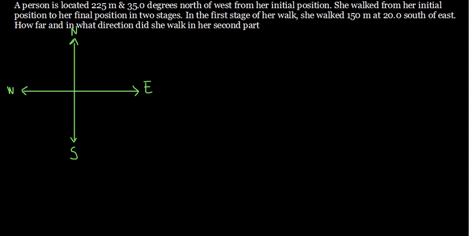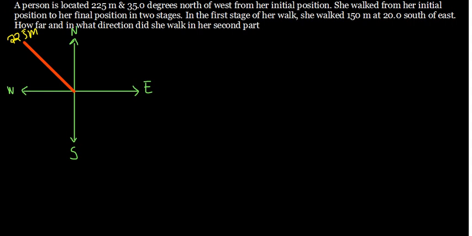So here they've told you the current position of the person is 225 meters at 35 degrees north of west. North of west means we are starting from the west towards the north. So somewhere here is where the vector is, with a magnitude of 225 meters.